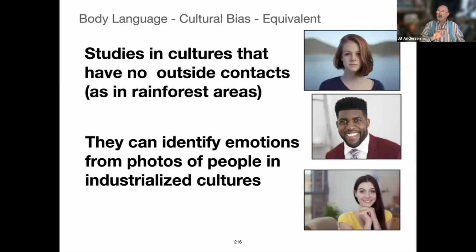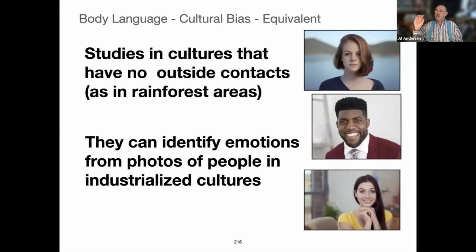When they are first contacted by psychologists, sociologists, anthropologists, one anthropologist did some research, showed pictures of people from industrialized cultures to these people who had never seen an individual from outside their tribe. And all of a sudden, this person appears, tries to figure out their language, then shows them pictures of people from industrialized societies.